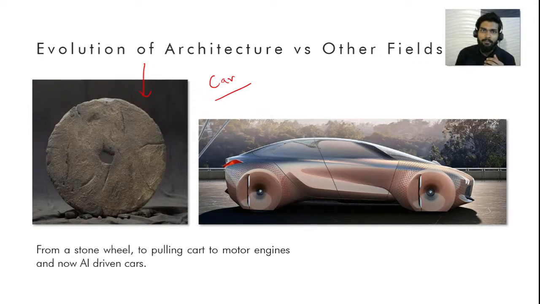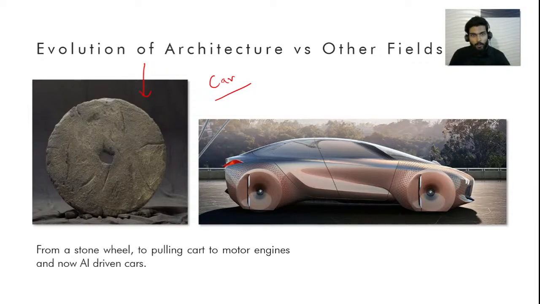So, in a sense, can we call it a non-living thing anymore? No. It has become kind of a synthetic living being, if you will. So that is how the automobile industry has evolved, where the vehicles have a life of their own.